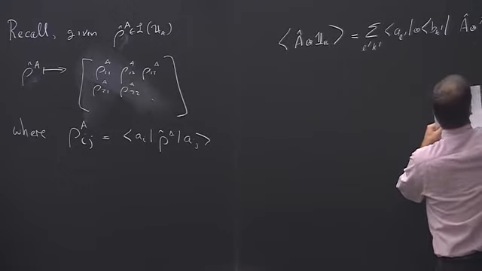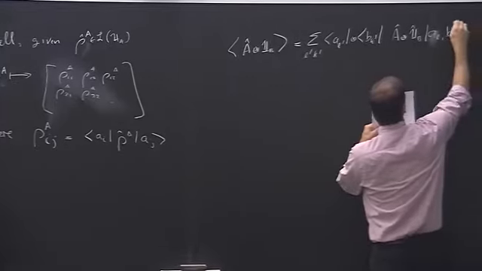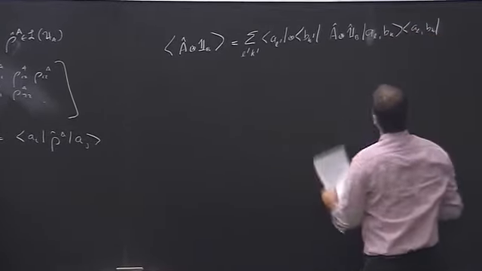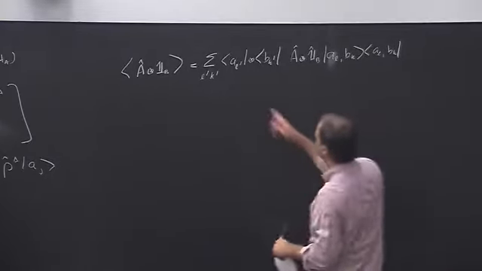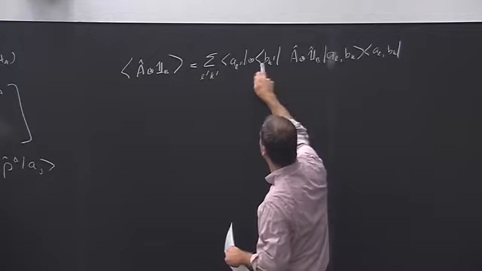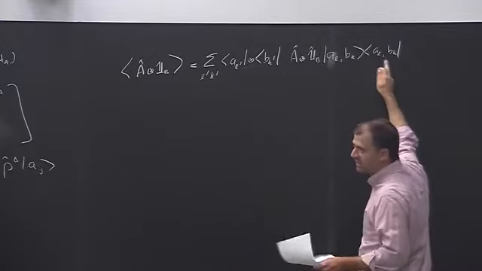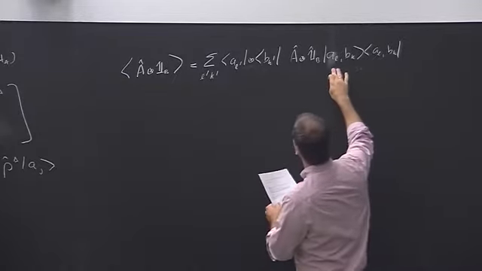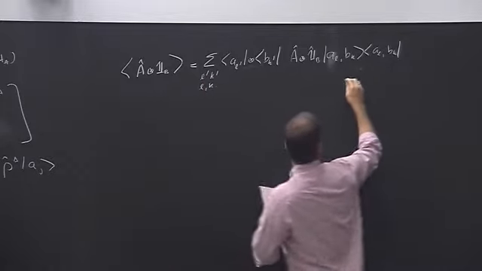So I'm inserting AL BK, AL BK. Just because I'm trying to confuse you guys, I mixed notation. So here I put a tensor product symbol, and these extra guys, and here I just drop them completely. You just have to get used to the fact that these are different ways of writing the same thing. So now what I did here is I'm summing over L and K. Do you see what I'm doing here?